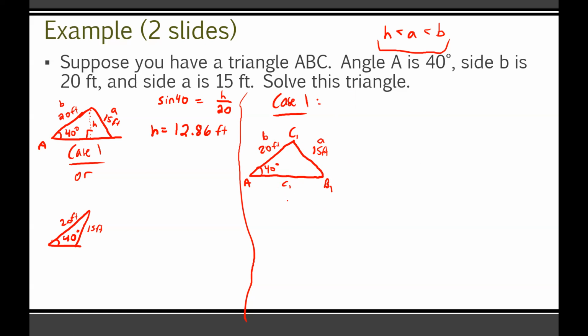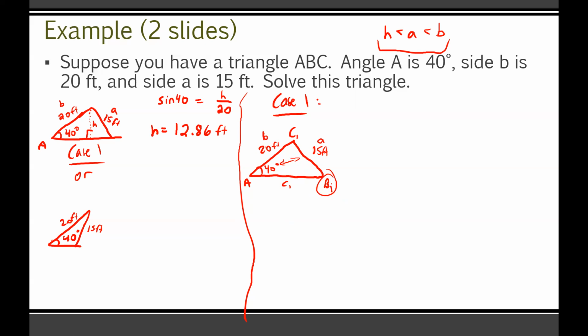First things first, because this is an ambiguous sine law question, let's start by coming up with our known opposite pair. So we have this opposite pair here, 40 degrees and 15 feet. Let's start by solving for B1. I think that's really the only thing we can start with, because we don't know either capital C1 or lowercase c1, so we can't use sine law on those.